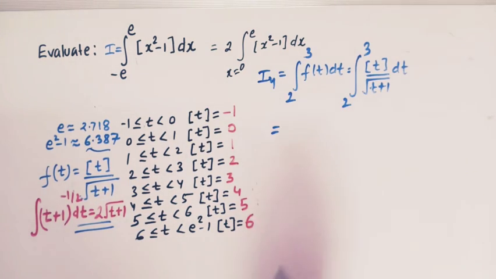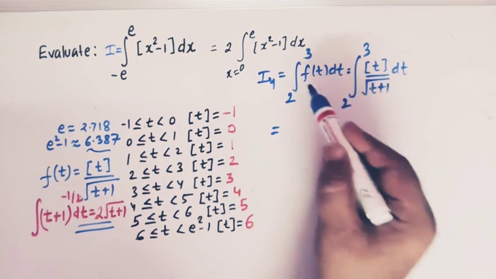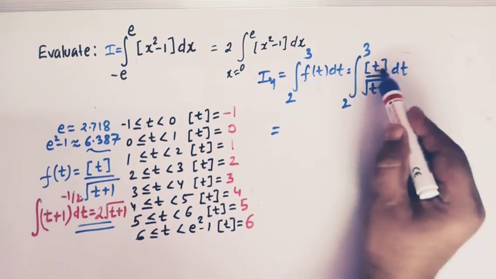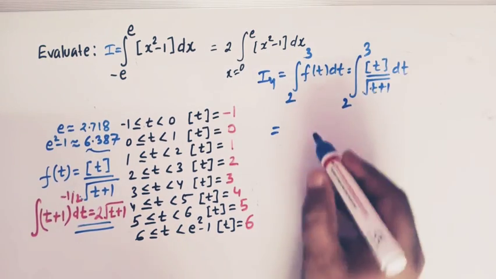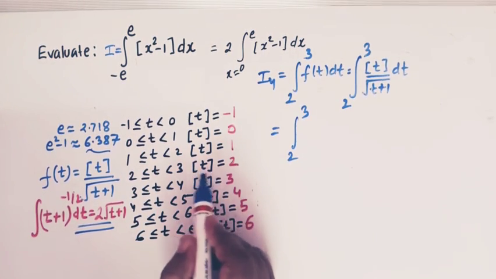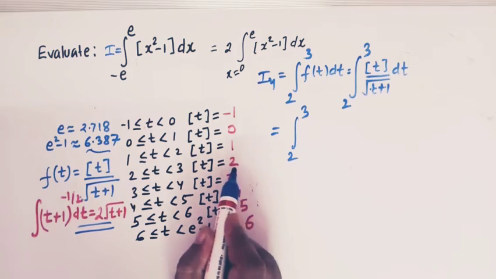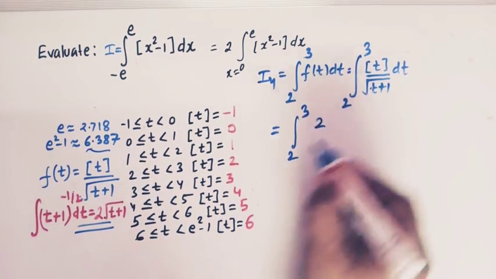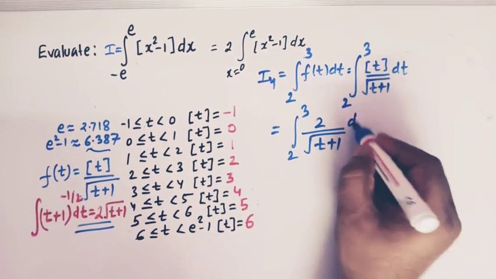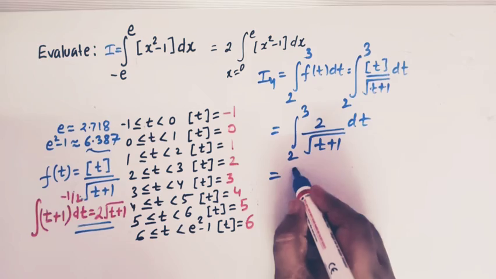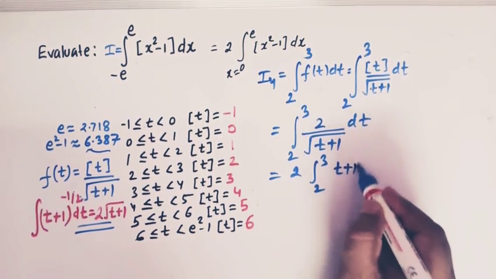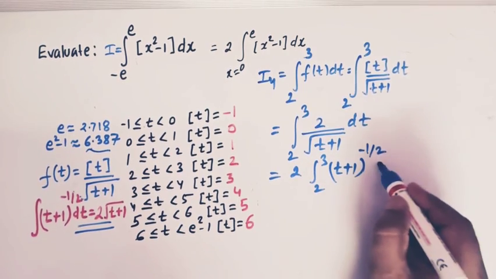So now let us calculate the value of I4. So I4 is from 2 to 3 of f(t) dt, and when t lies between 2 and 3, the value of greatest integer t is 2. So here we'll have 2, and here we'll have square root of t plus 1 dt, right? Now taking 2 outside, the integral of t plus 1 raised to minus half dt.